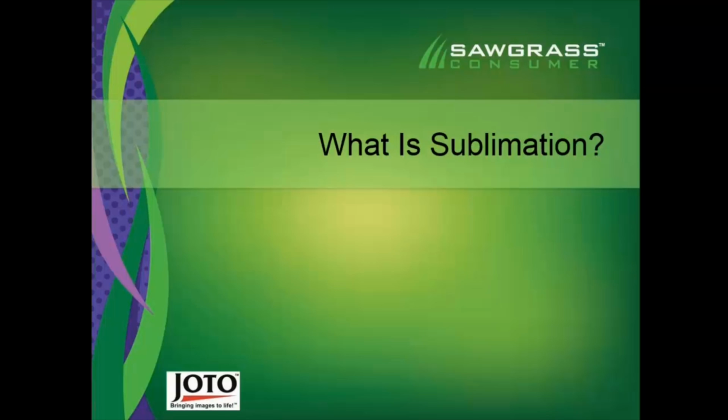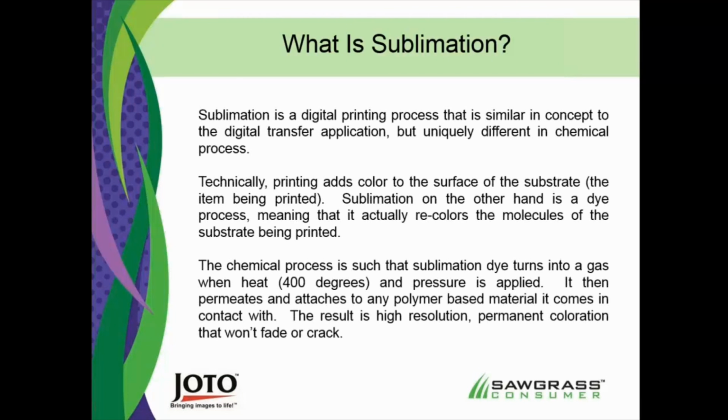So what exactly is sublimation? If you're new to sublimation, it's a term you hear, but you don't always know what it means. A lot of people just think it's synonymous with digital printing. It's actually a form of digital printing, but it's in its own world, as I was saying, because it's based on a molecular activity, okay? It's very different.